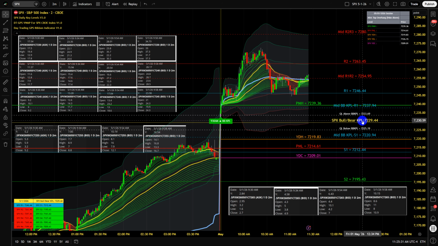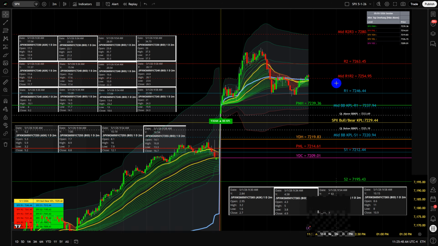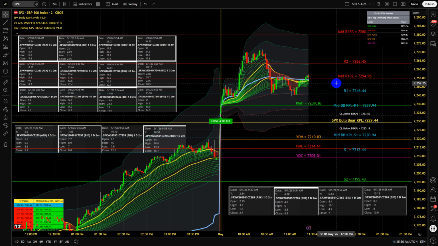So in this case, the bull bear KPL, R1 is a 1-level move in our favor. The mid R1, R2 is a 1.5 level move, and the R2 is a 2-level minimum ideal move. So on the early session lotto option trades, if you prefer that strategy over the regular daily key level strategy, you would utilize the option strike closest to the 1.5 level move in your favor.